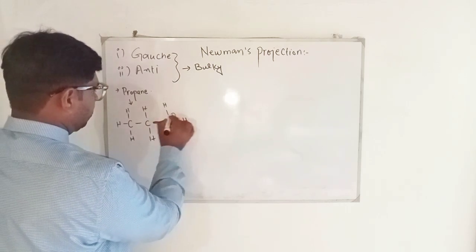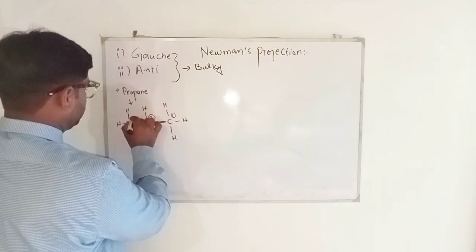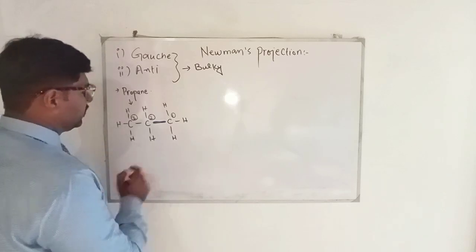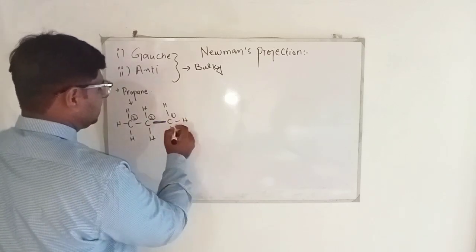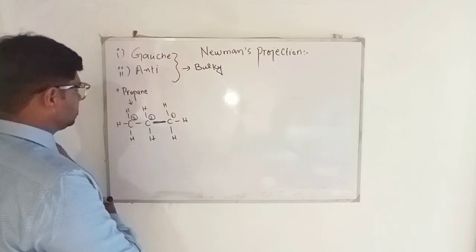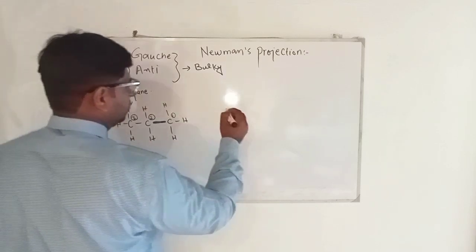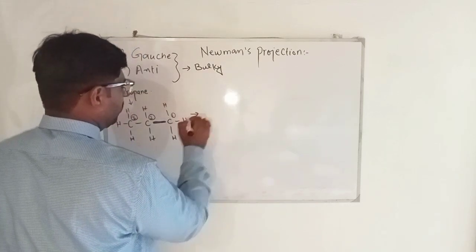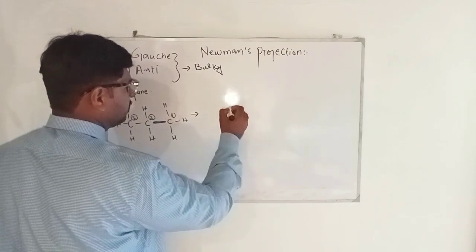So this is carbon number 1, carbon number 2, and carbon number 3. So we are assuming that C1 is proximal and C2 is distal to the C1. So let's draw its Newman's projection.